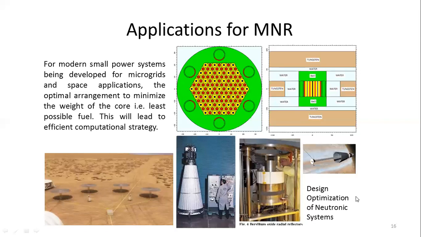Now, for deep space explorations, you can see this little nuclear reactor over here. That's the nuclear part. And these are the fins for heat removal. This is a shaft.